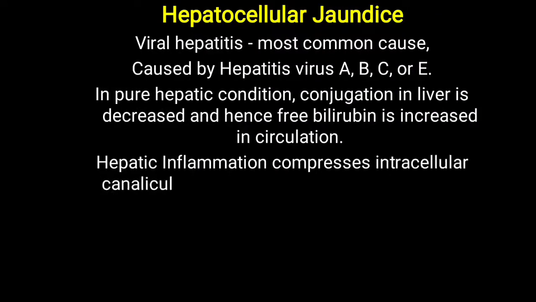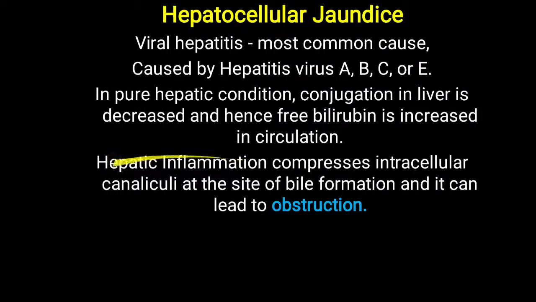Further, with hepatic inflammation or damage of the liver cells, an inflammatory condition can compress the intracellular canaliculi at the site of bile formation, and that obstruction further affects the excretion of conjugated bilirubin. So initially in hepatocellular jaundice the unconjugated bilirubin level increases, but later on, due to obstruction inside the liver, it can lead to a further increase of conjugated bilirubin.